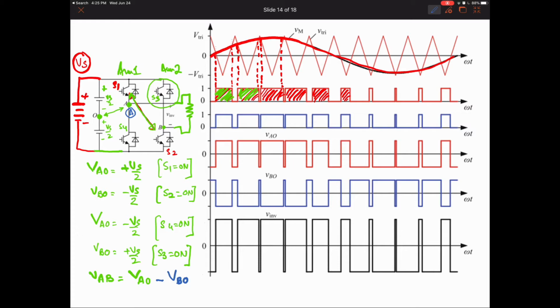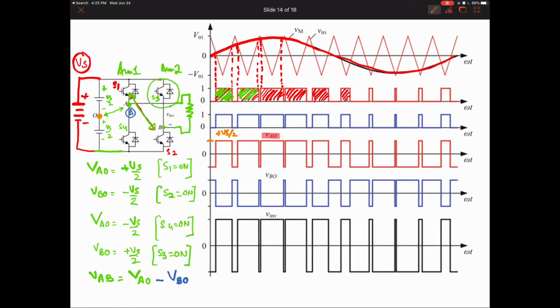First of all, we are going to sketch the pole voltage. This is VA0, the pole voltage of the first arm. What will be the voltage level in this case? When we switch S1 and S2 on, our voltage will be equal to plus Vs by 2, pole voltage, not Vs, because we are measuring with respect to the center point.